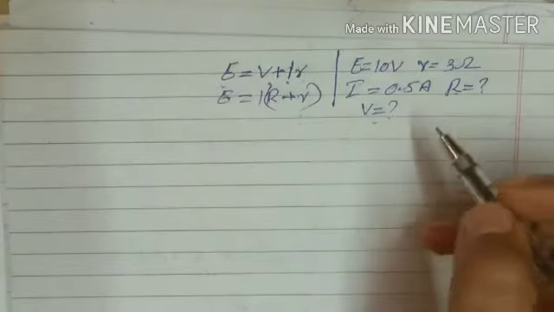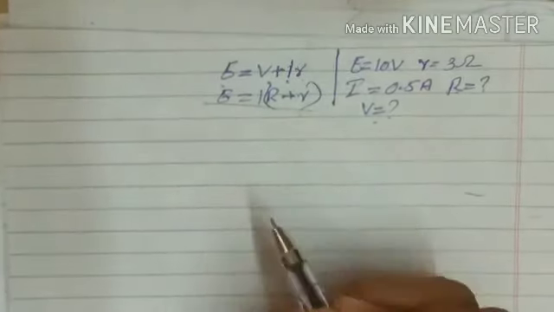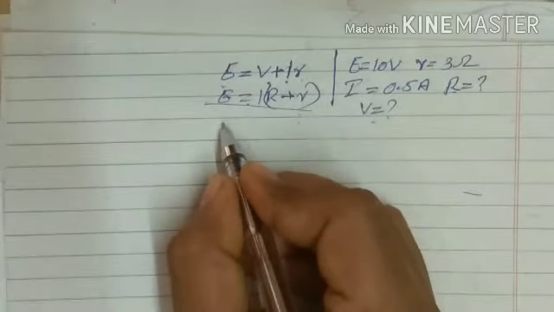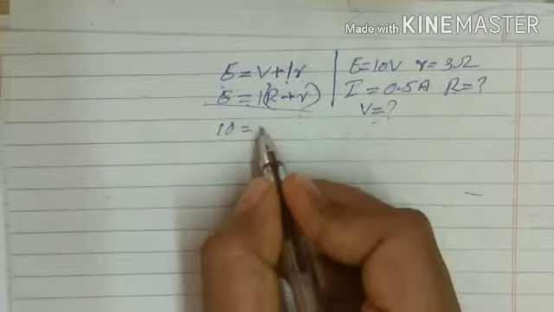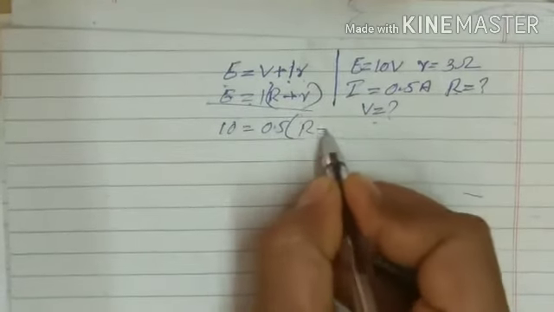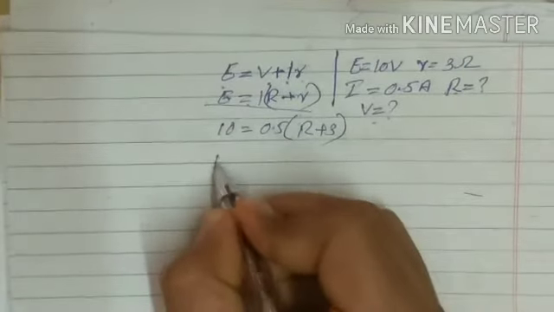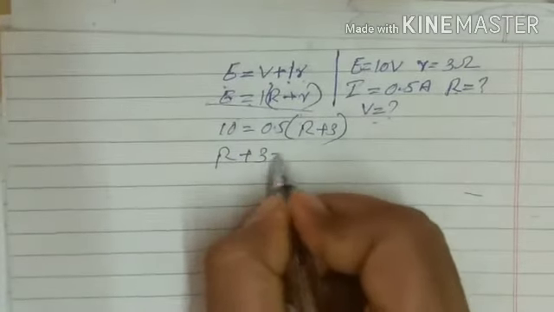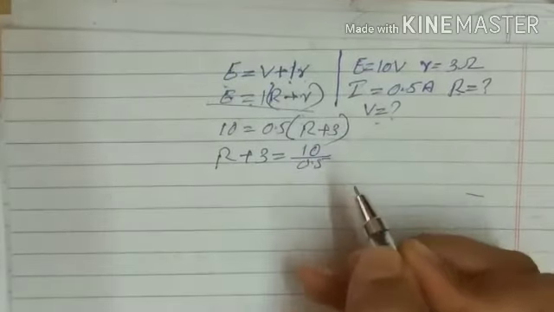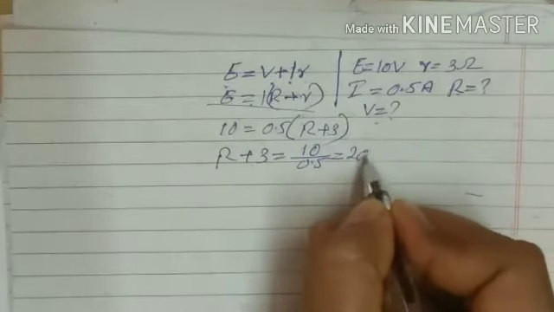So first let's find the capital R using this equation. We substitute the values. We get 10 is equal to 0.5 into R plus 3, or from here R plus 3 is equal to 10 by 0.5, that is equal to 20.